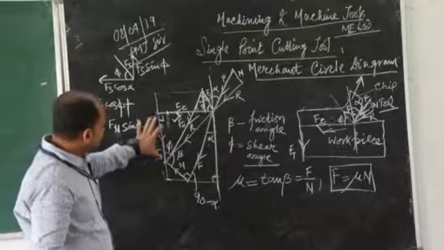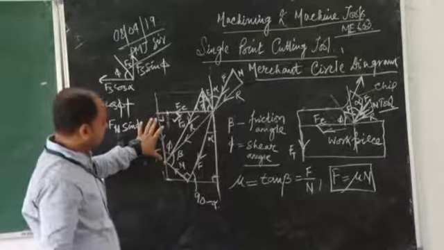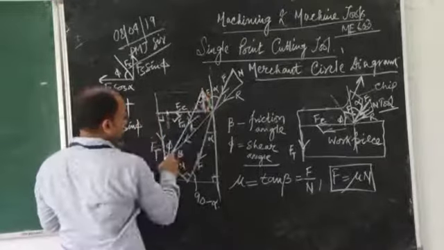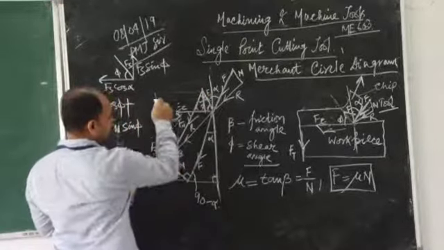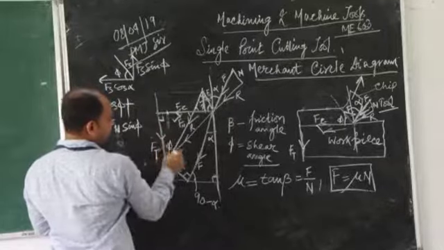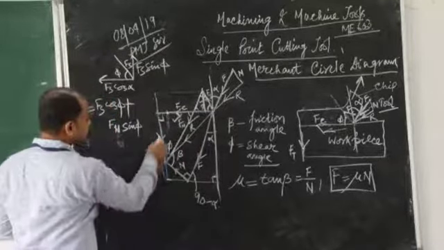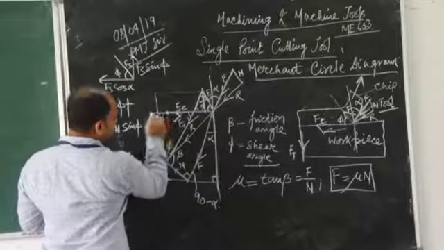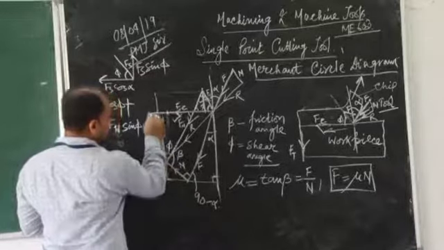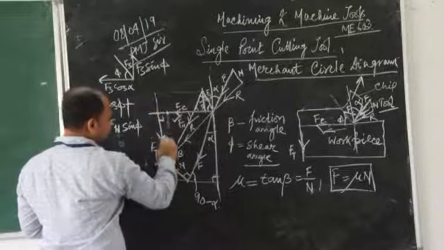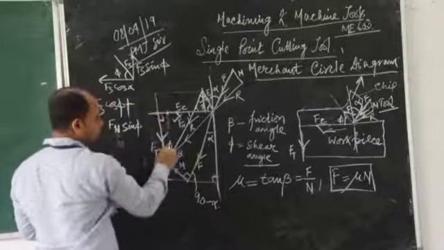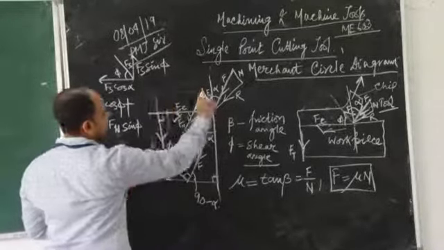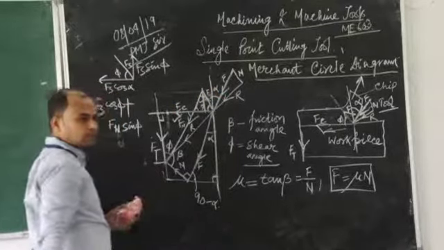This one is Fn cos phi. Ft is equal to only this angle, this distance. The total is Fn cos phi, and this one is Fs sin phi.